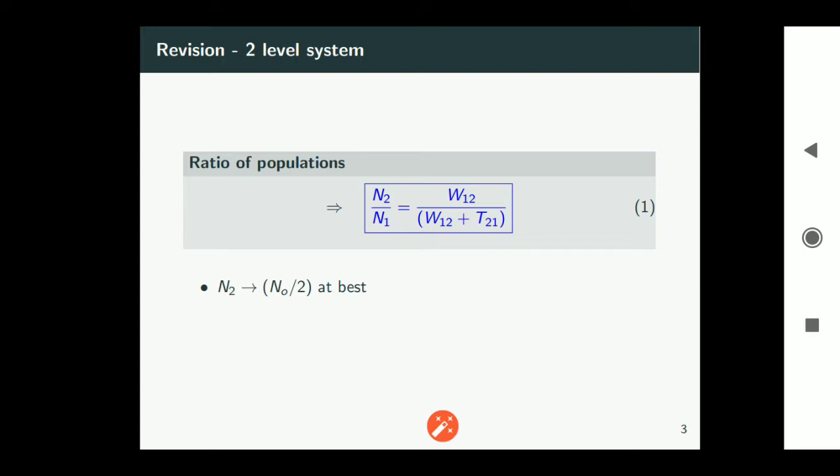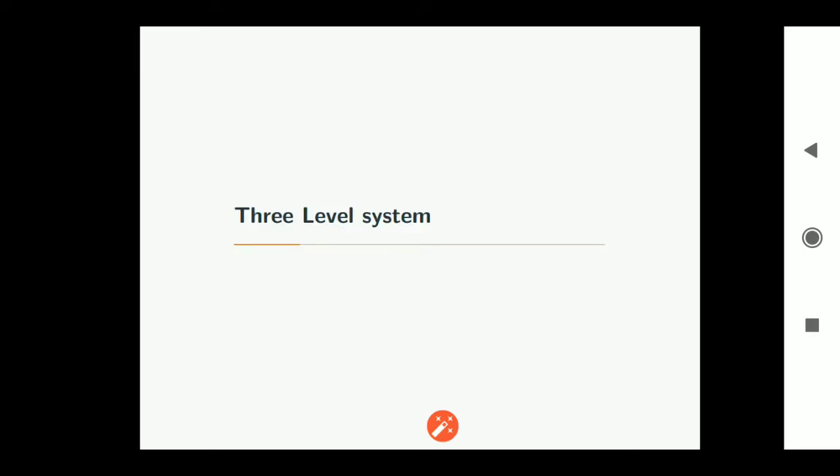Population inversion requires N2 to be more than N0 by 2, where N0 represents the total population of atoms in this two-level system. Combining all this, we can conclude that lasing is impossible in a two-level system. Keep this information in your mind and let us proceed to the next system, the three-level system.